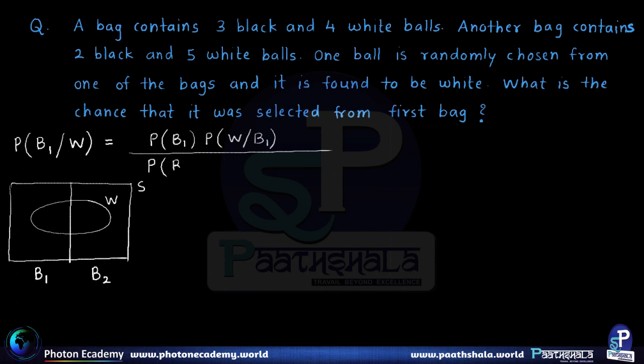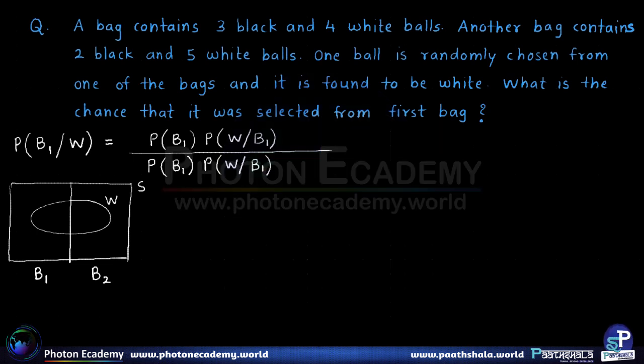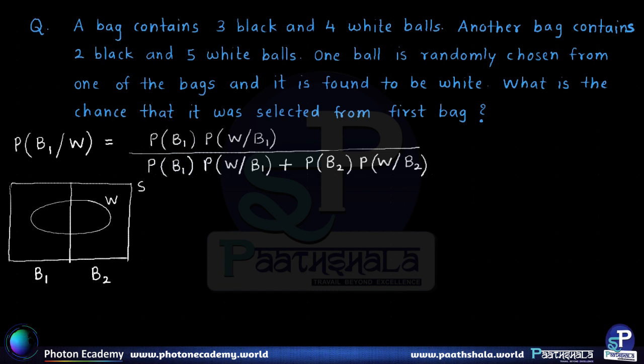So no doubt the first term will be exactly the same as what we have in the numerator, that is probability of B1 into probability of white given B1, plus, since we also have the second bag, we will have to add its corresponding term also, that is probability of B2 into probability of white given B2.